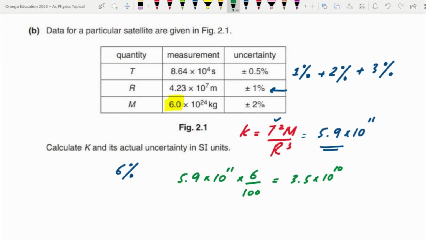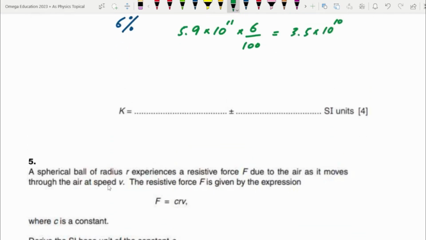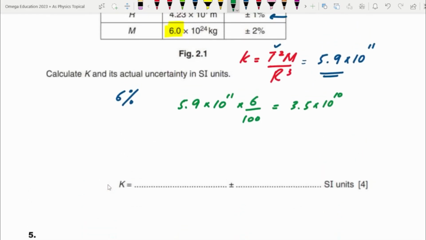So for this one we get 3.5 into 10 raised to the power 10. This is what we get for the uncertainty of K. In SI units, the units are written as they are, you don't need to write them, but we need to represent the uncertainty so that the rules of writing the uncertainty with the principal value are not violated.